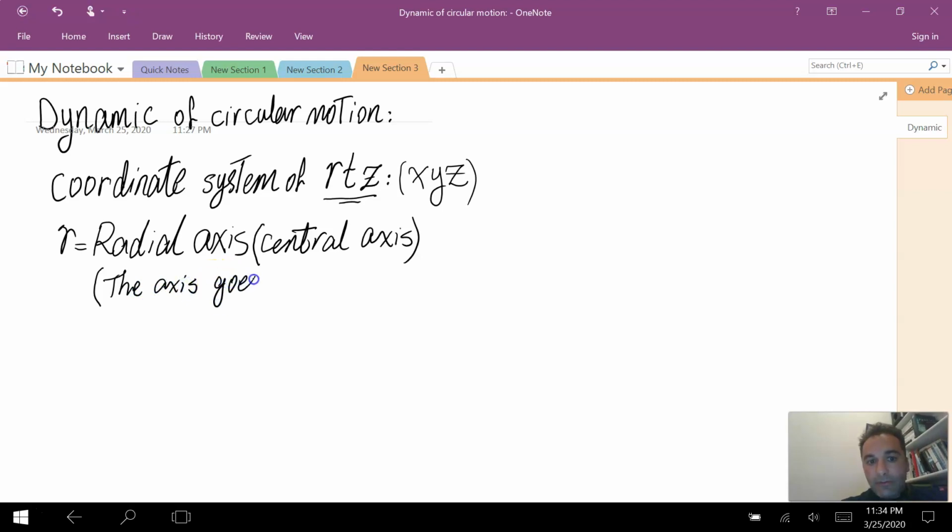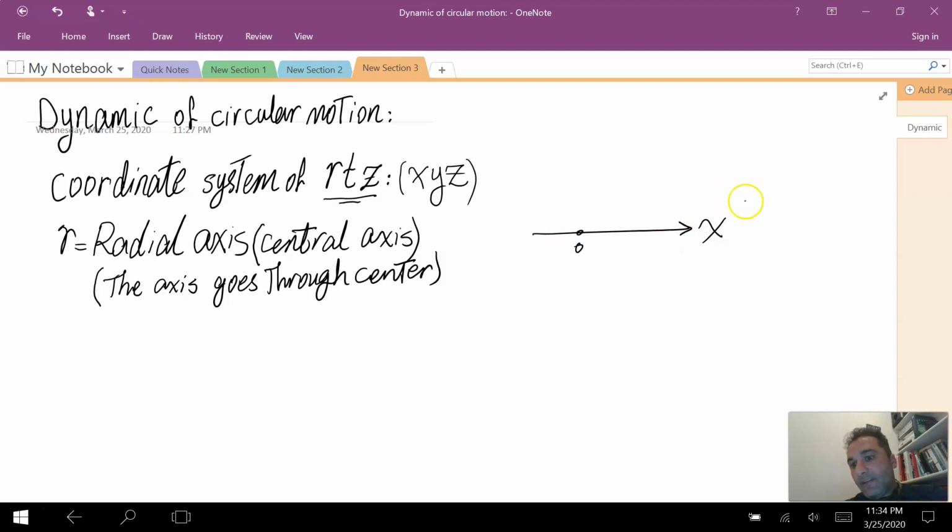Guys, if you remember, for the x-axis, usually we write 0 here, correct? We say anything toward the right direction is positive, toward the left is negative, am I right?